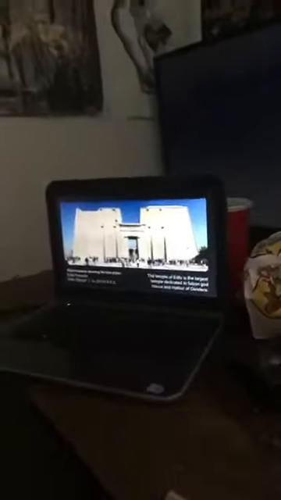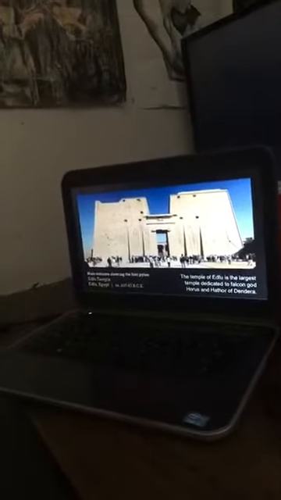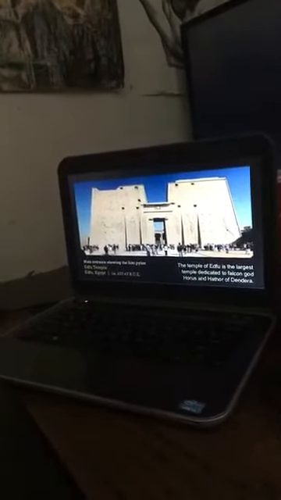In the entrance showing the pylon at Edfu Temple, Edfu, Egypt. The Temple of Edfu is the largest temple dedicated to the falcon god Horus and Hathor of Dendera.